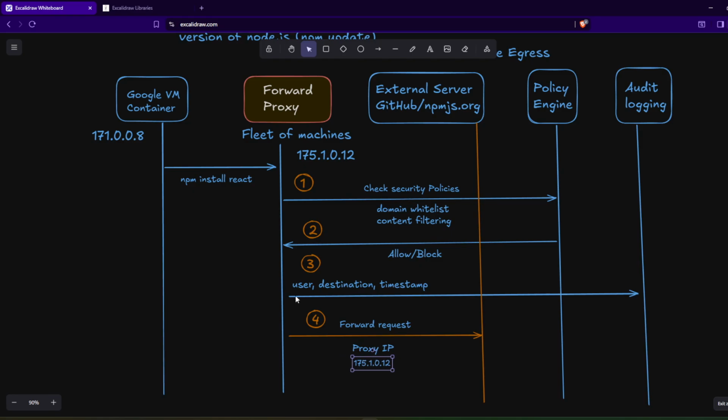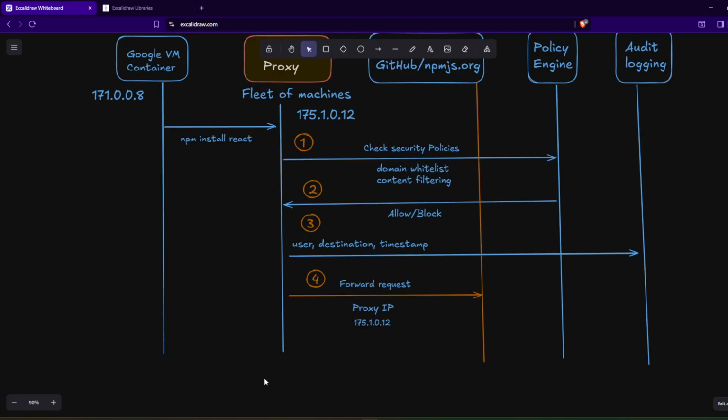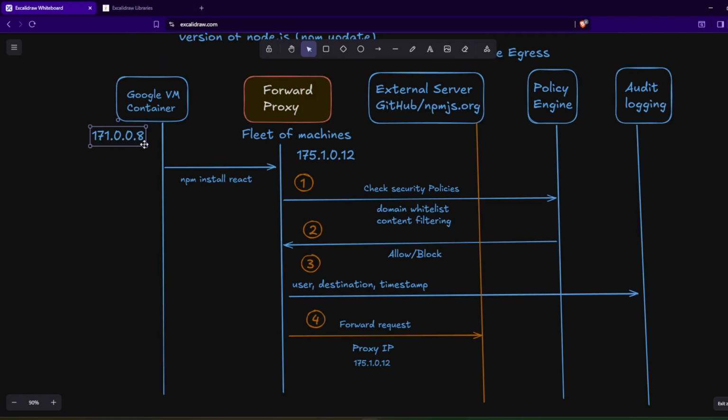Okay, so the advantage over here is the external server, like suppose this Node.js website, sees the proxy IP, not the client IP. So you see, this is a great security consideration that is happening, that our container or our virtual machine where we have stored our application is completely being abstracted by this forward proxy.